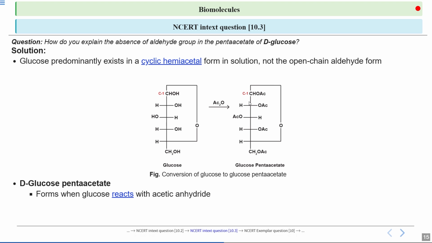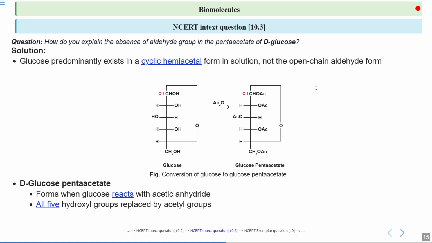So OH gets converted to an O-C=O-CH3 group. This replacement is crucial for understanding why aldehyde groups can't be present in the final product.